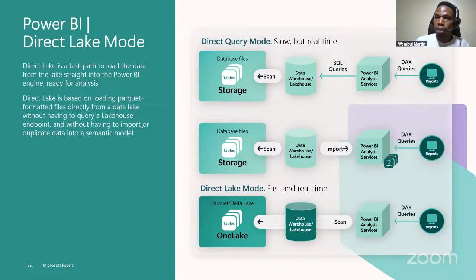This mode is very useful because it's fast and it doesn't need a lot of duplication of data. You connect to your model directly, and from there you can do a lot of things. It's fast, and it reduces a lot of complexity in data modeling and connecting your data to visualization. The next part we're going to introduce is Direct Lake, our fast path to load the data from the lake straight to the Power BI engine, ready for analysis.